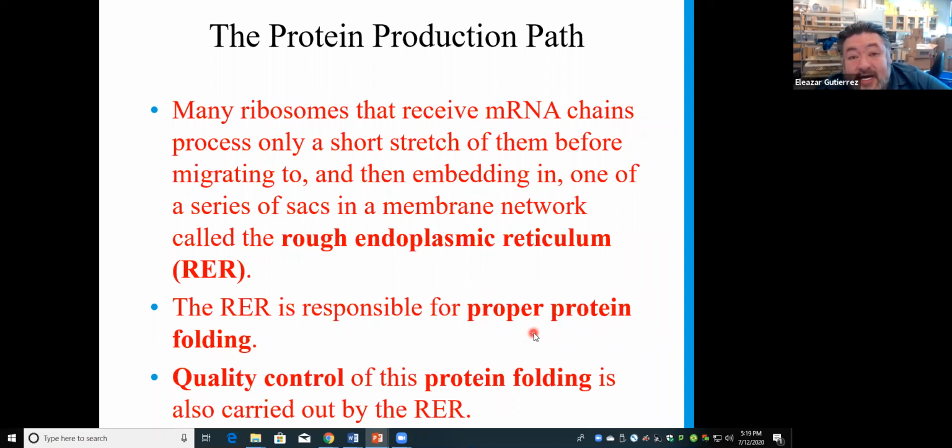I got to tell you, this is not easy, not easy at all. Nobody tells you this. It took me going to graduate school to find out that under the best of conditions, only about 30% of the protein is folded correctly. Can you imagine that?